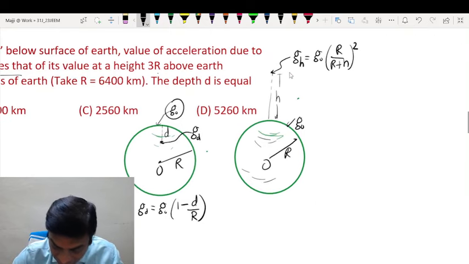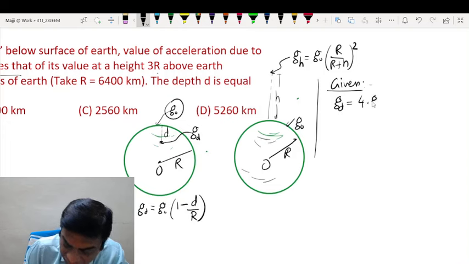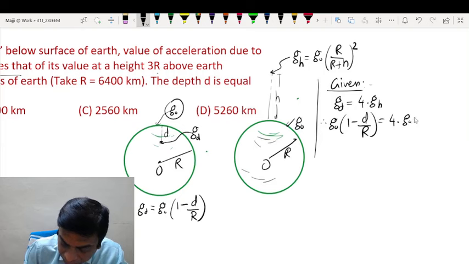We have been given that g at a depth d is 4 times g at a height h. In other words, let us bring the expressions. Remember, h is 3r.